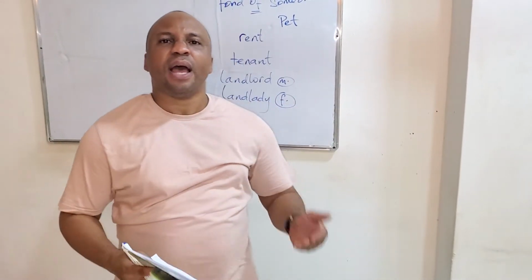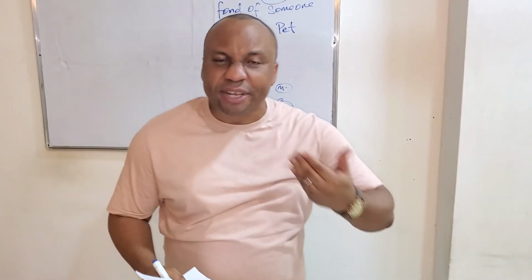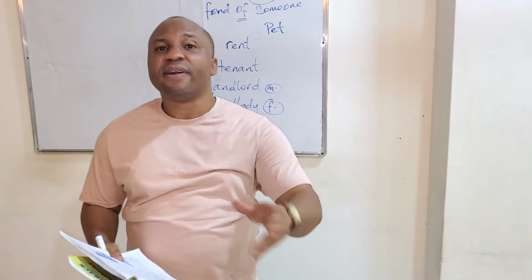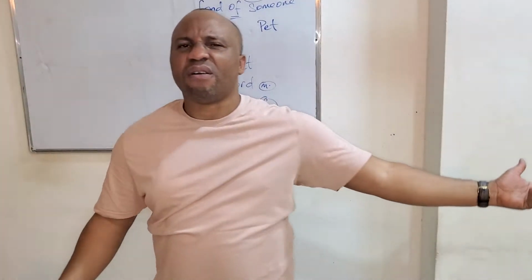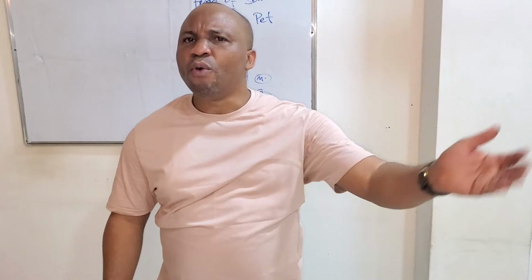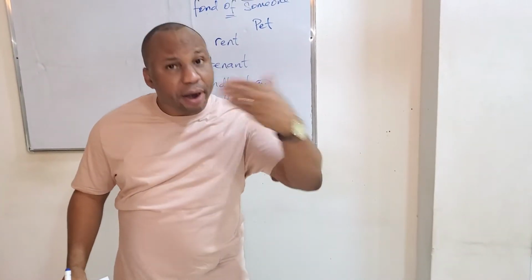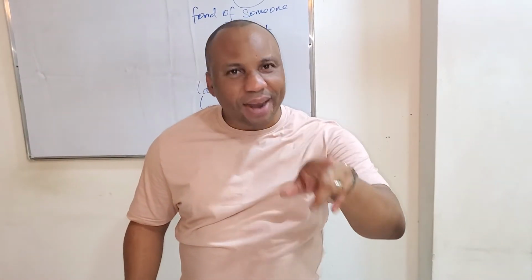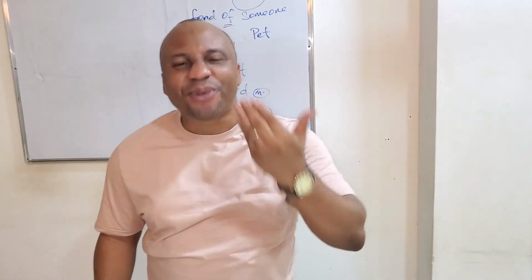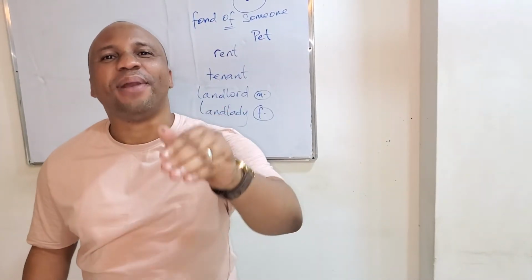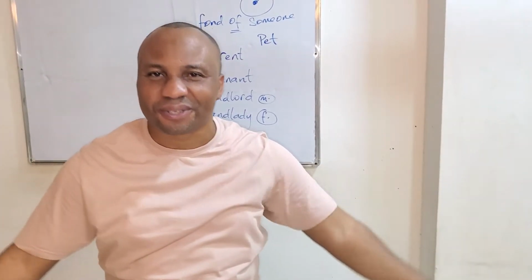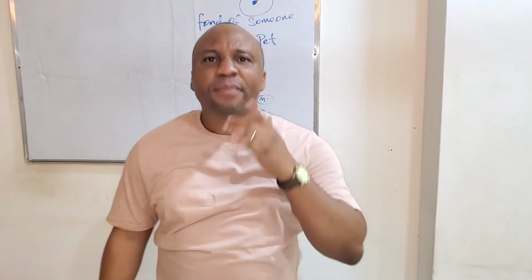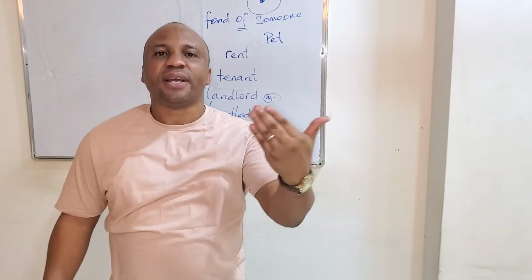You can say that black is my favorite color. You can have green, yellow, pink, purple, but black is your favorite color, so you prefer black over other colors. So I am their favorite grandson.